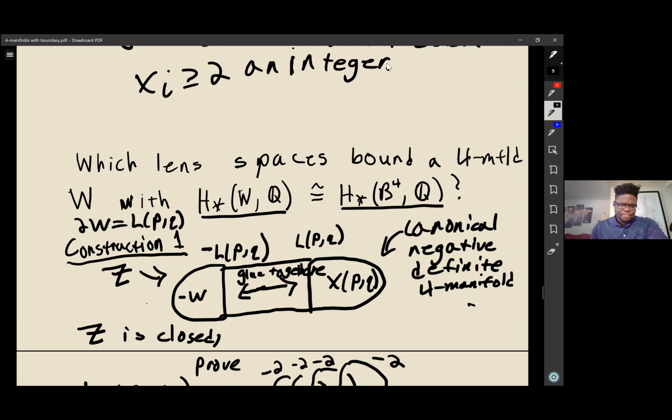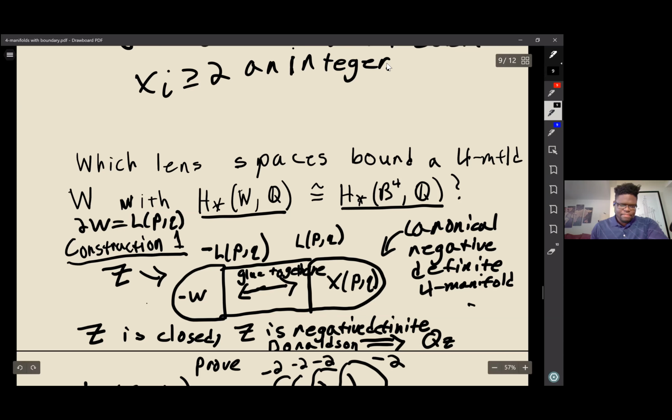It'll be an exercise in the problem session to show that Z is negative definite. And so by Donaldson's theorem, the intersection form of Z is diagonal.